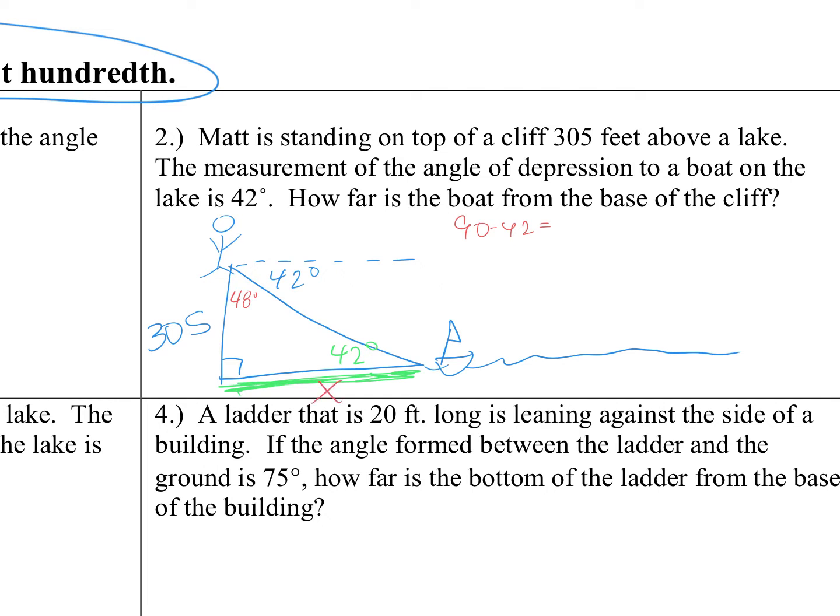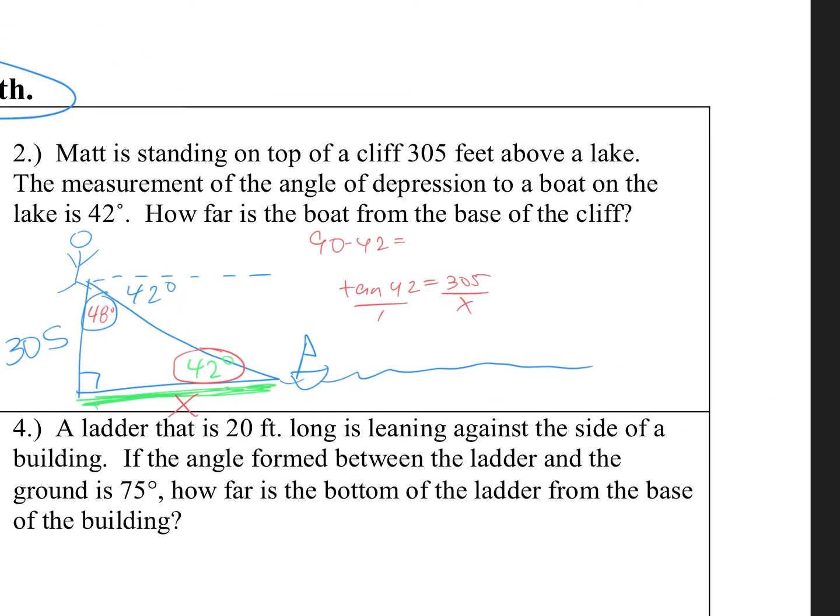So if I use 42 as my theta, what trig function am I going to use? Tangent. Okay, so it'd be tangent 42 equals what? 305 over x. Okay, hold on one sec, Cassie. Say I wanted to use 48. Somebody else used 48. What would you say?